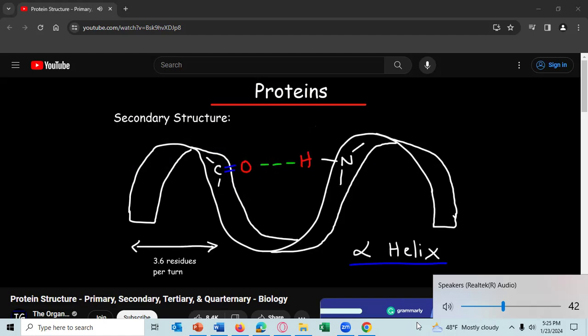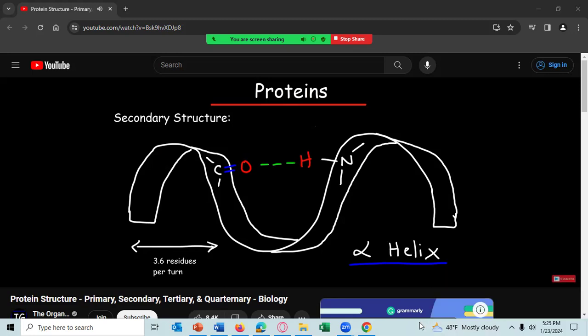The secondary structure describes the localized shape of a protein, and there's 2 of them that you need to be familiar with: the alpha helix and the beta pleated sheet. In the alpha helix, you could see that it's stabilized by hydrogen bonds.